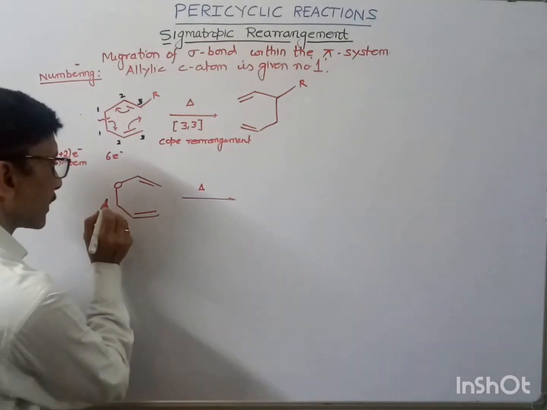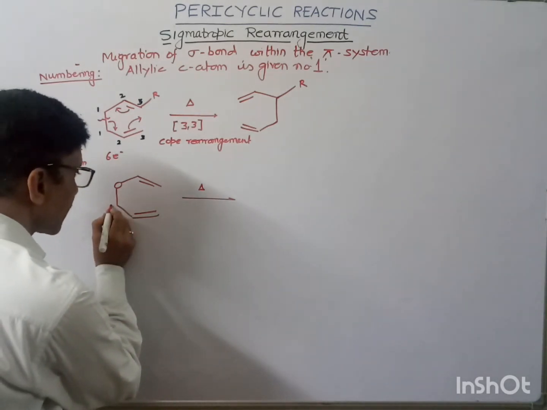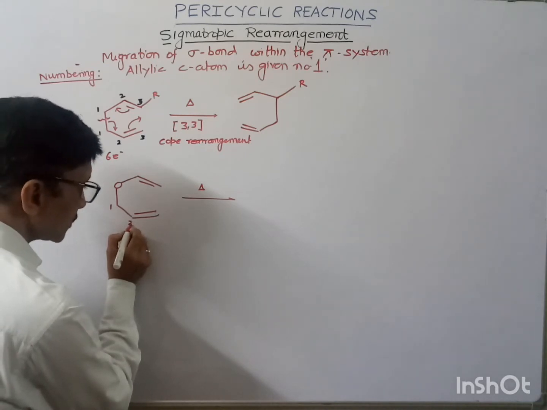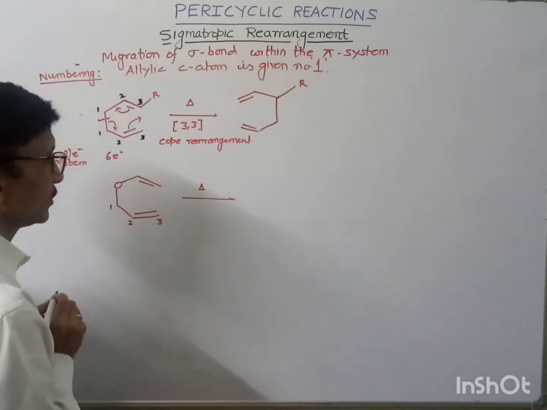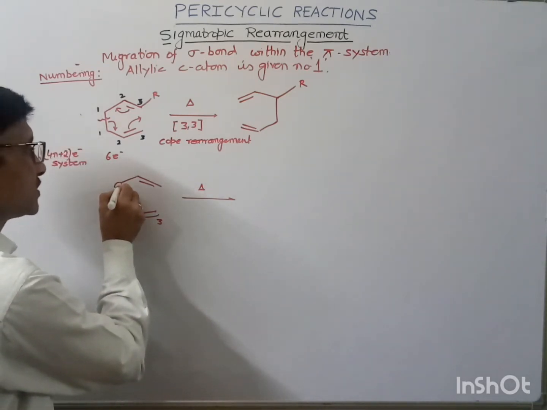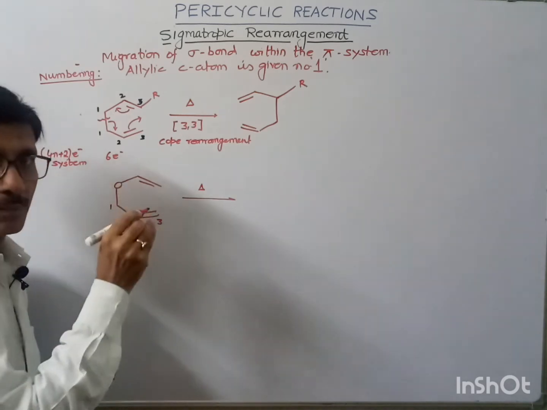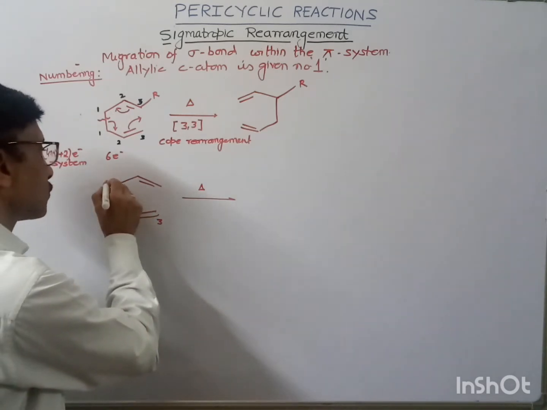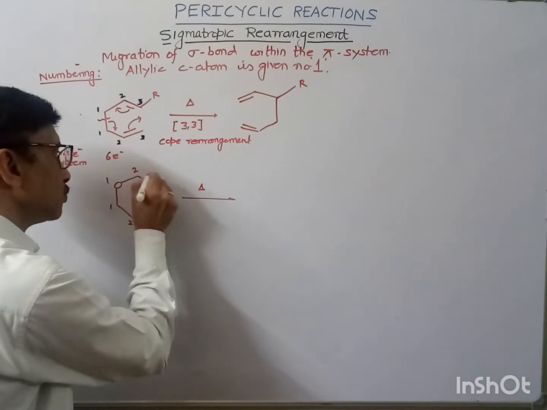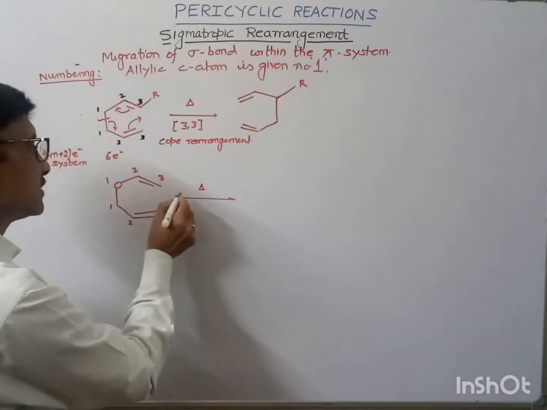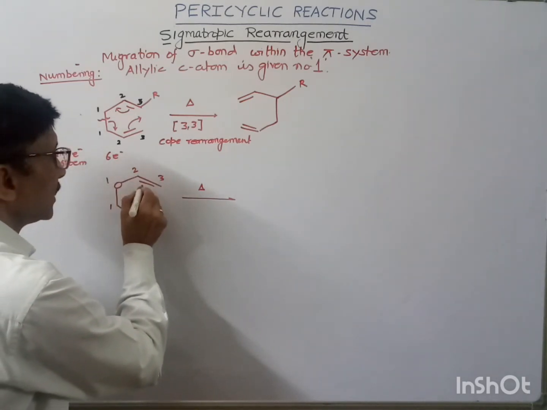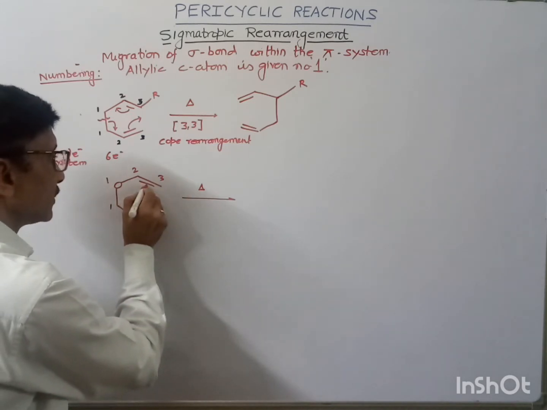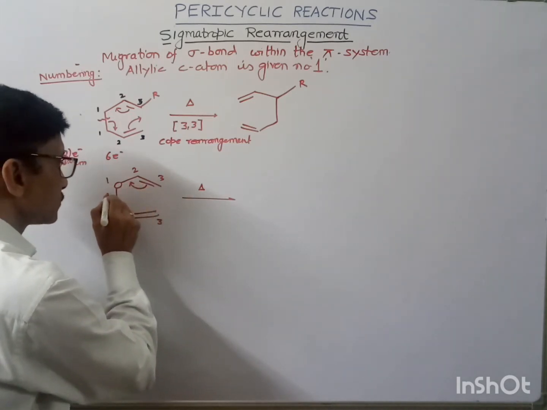Here again, the allylic carbon is given number 1, this is number 2, this is number 3. Now an oxygen atom is present at the place of the allylic carbon. So this can also be given number 1, 2, 3. And as it is given heat, the shift of electrons will take place here, and this bond will break.